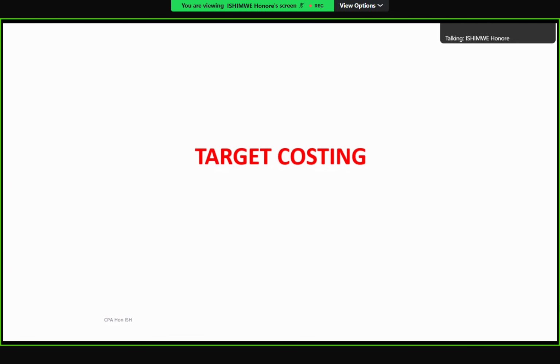Say that if the people are willing to pay you for the product you produce, let's say 4,000, you start on a selling price. You see the willingness of your customer, they are able to pay you 4,000. So what cost should you be producing at, allowing you to get a profit? That's about target costing. So now target costing, let's read it.